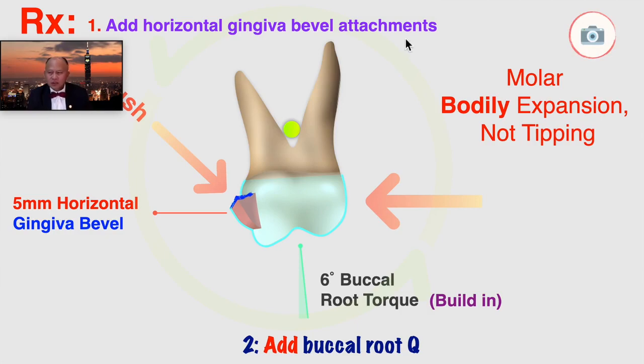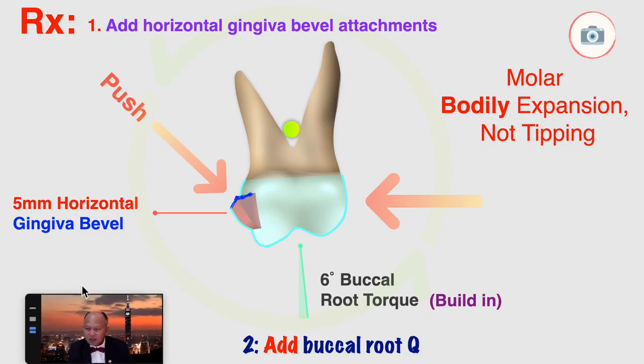Very important. Right here you can take a good picture: you provide a pushing surface to counteract this expansion force, so you get a bodily expansion. And you add 6-degree buccal root torque. Well, people ask me, why is it 6 degree? That's just a guess number, a best guess.